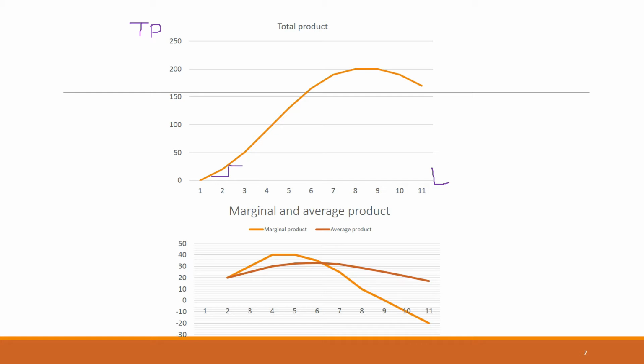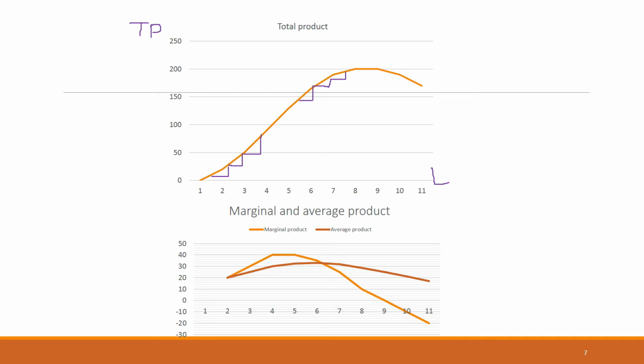Going back to our triangles, you can see output rising at a faster and faster rate, shown by increasing vertical lines there. But over here, total output will increase by less and less. So total product here rises at a slower rate, and that's where marginal product falls.